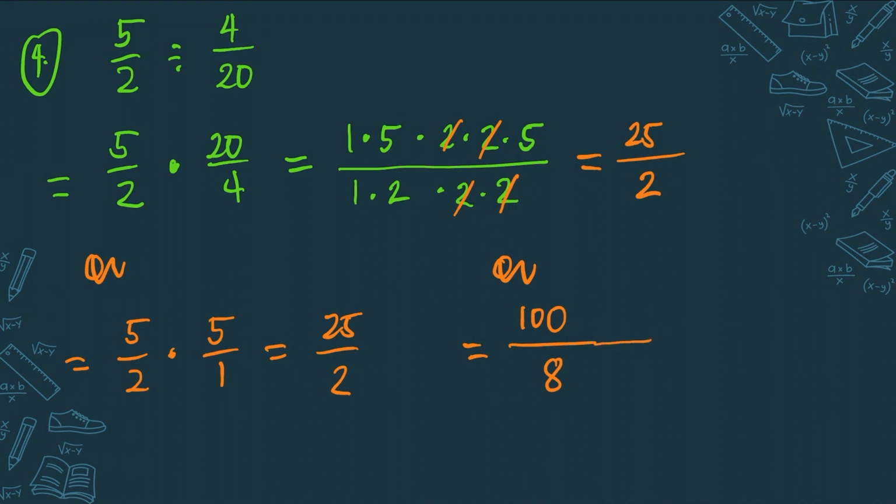So divide the numerator by 4, divide the denominator by 4. So 100 divided by 4 is just 25, and 8 divided by 4 is 2. So notice that either you get the prime factorization, or you reduce first the 20 over 4 to its lowest term, or you multiply then reduce, you will just come up with the same answer.